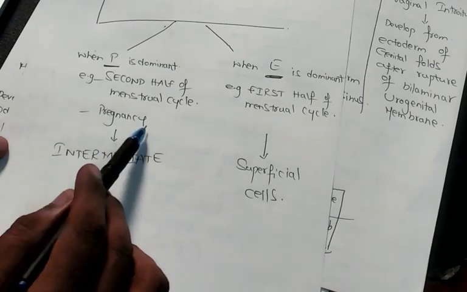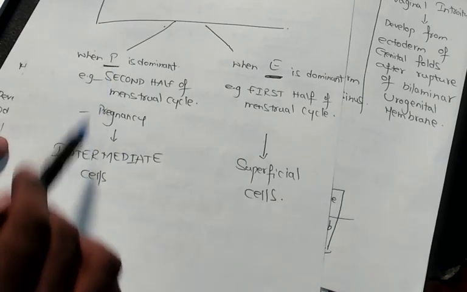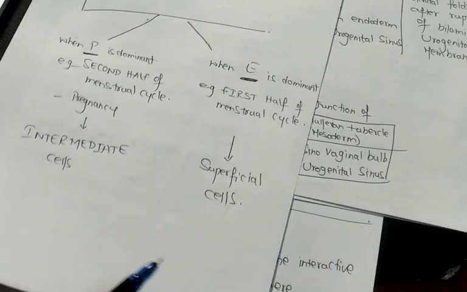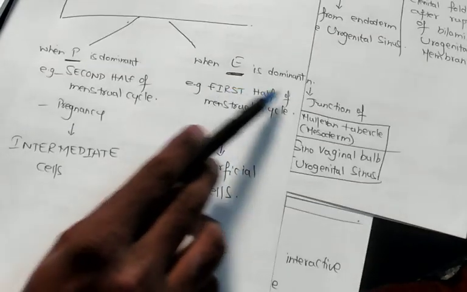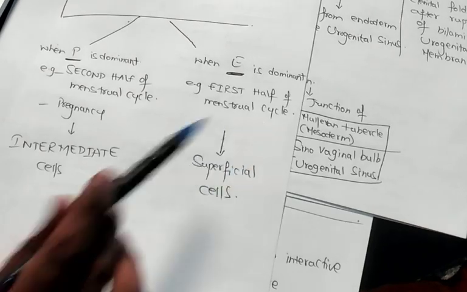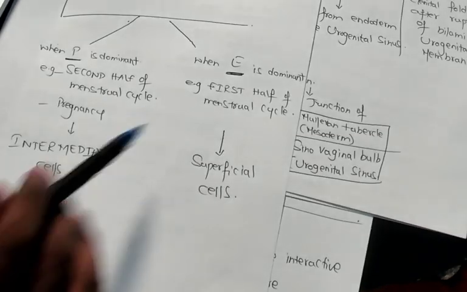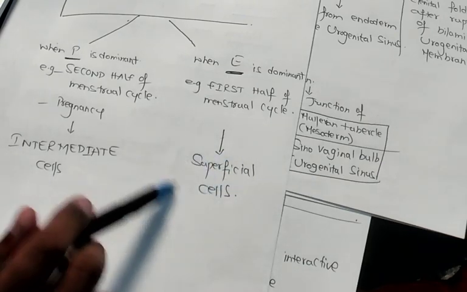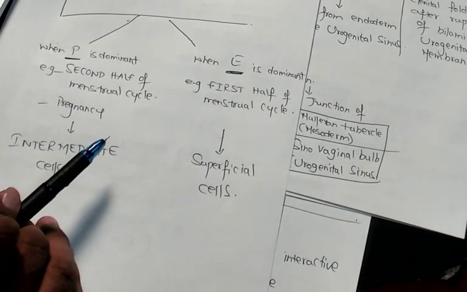Even during pregnancy, when progesterone is dominant, intermediate cells. When estrogen is dominant, that is in the first half, the pre-ovulatory part of the menstrual cycle, estrogen is very high, then superficial cells will be dominant, is what you need to remember.